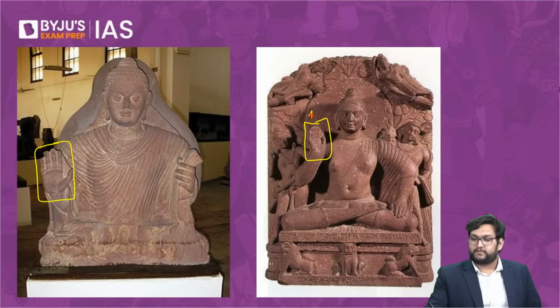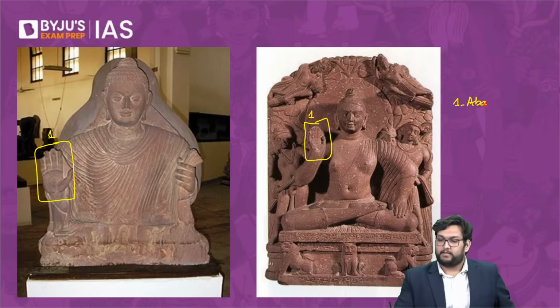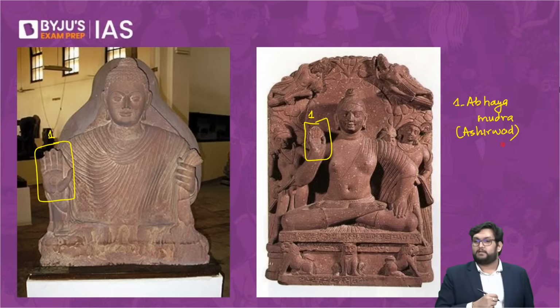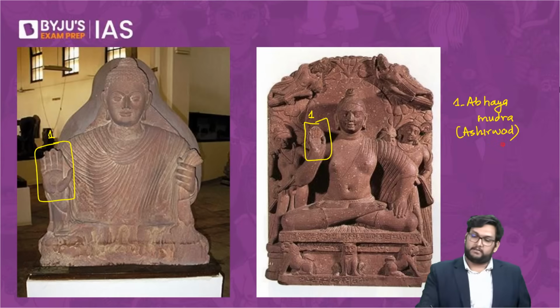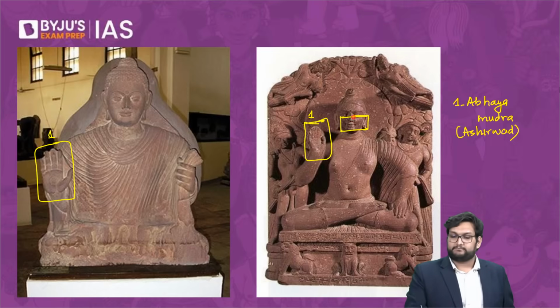wherein this is first phase, which is called the Abhay Mudra, or what we call Ashirvad Mudra. Very standard thing which you will find here. Thereafter, you find that he is smiling, which is with expression.